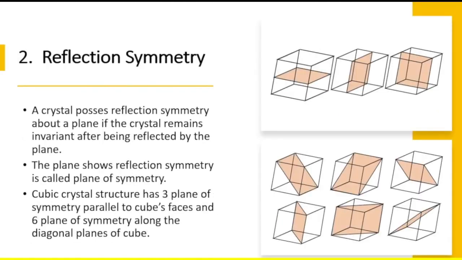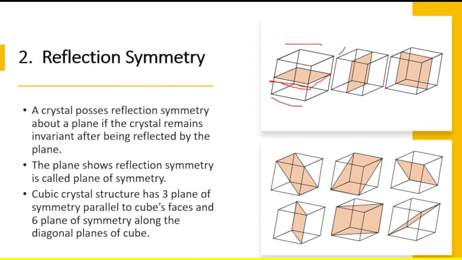Coming to the second symmetry, which is reflection symmetry. A crystal possesses reflection symmetry about a plane if the crystal remains invariant after being reflected by the plane. Here you can see in the cubic crystal there is a center plane and it is a plane of symmetry because the reflection of the lower plane is the upper plane.